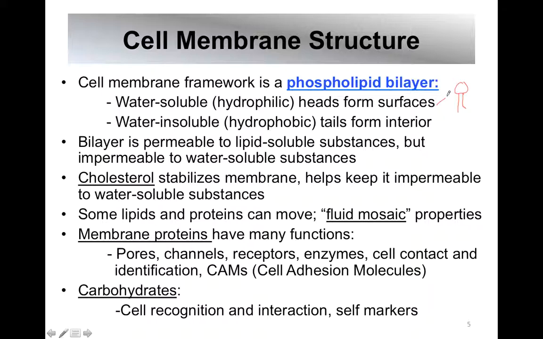So there's the head, and then there's the nonpolar hydrophobic tails. And remember that the phospholipid bilayer means there's two layers of these phospholipids. Things that can just pass through the phospholipid bilayer are things that are lipid soluble. Things that are water soluble can't pass through because this is a hydrophobic area in here.